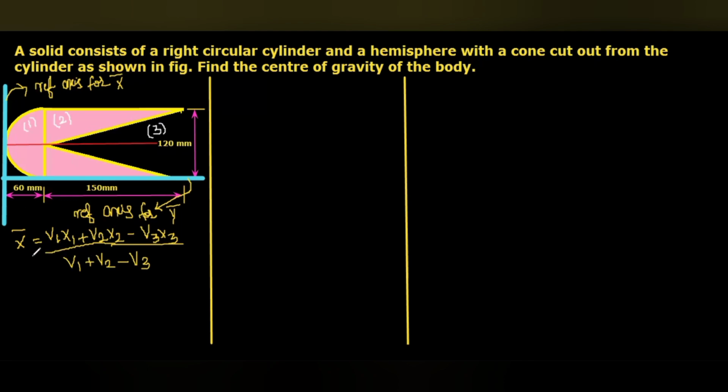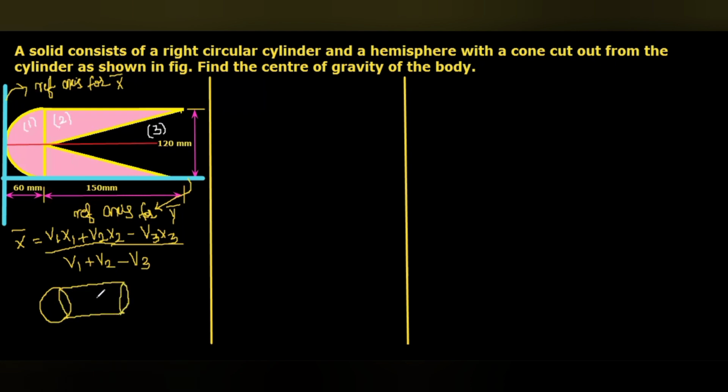So here, x bar. First, I'm going to start with V1, V2, V3, X1, X2, X3. And this is a schematic diagram. I just draw the diagram here in 3D. There is a hemisphere and a cylinder, face to face joined like this.